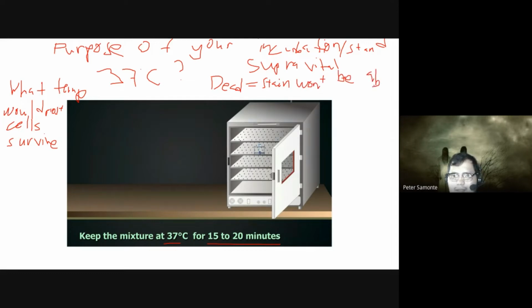Kailangan, class, it is required that your cell is alive so that the dye could be absorbed. Okay? So what's the purpose naman ngayon of the 15 to 20 minutes? Bakit kailangan i-stand siya or i-incubate?